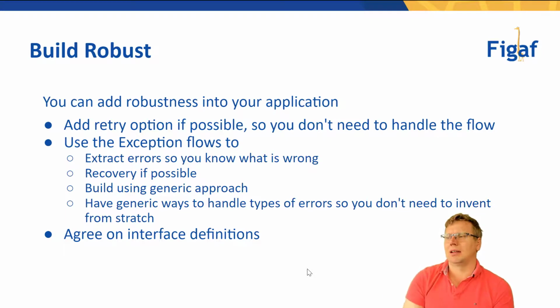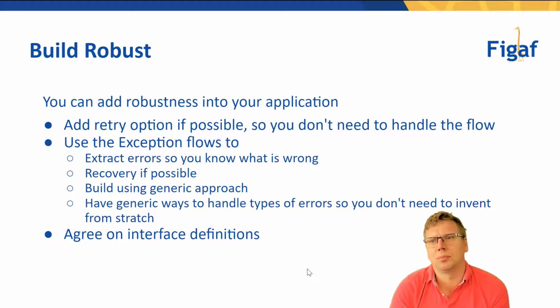So you should be adding scripts that extract this payload, put it into an MPL message or something like that, that make it easier for supporters to be able to deal with it. You should obviously try to build recovery, build fail tolerance into it, and there are a lot of different ways you can do that when you're building stuff on it.